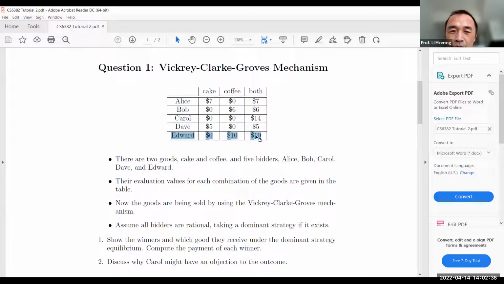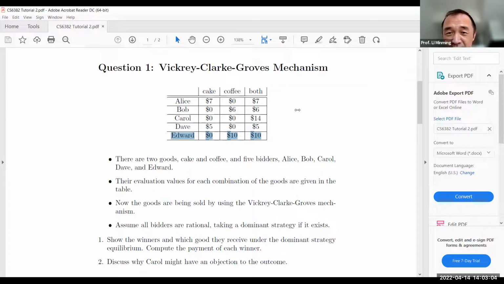If you exclude Edward, both will go to Carol, because that is the best option, 14 together. And now how much does Edward need to pay? Edward pays 14 minus 7.